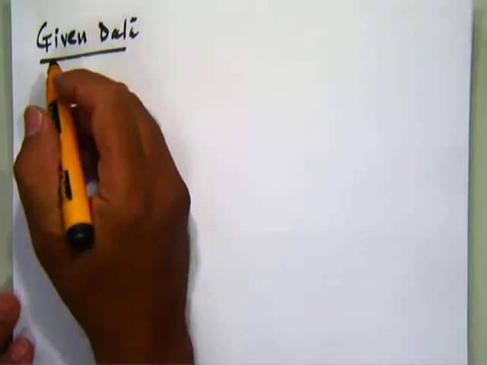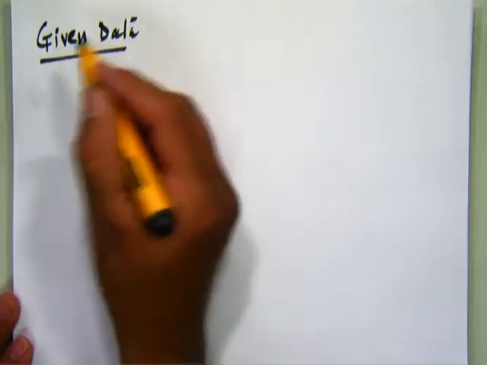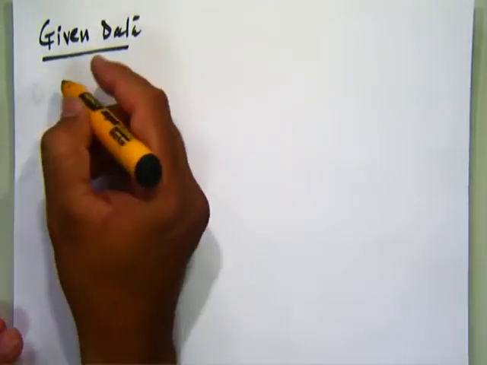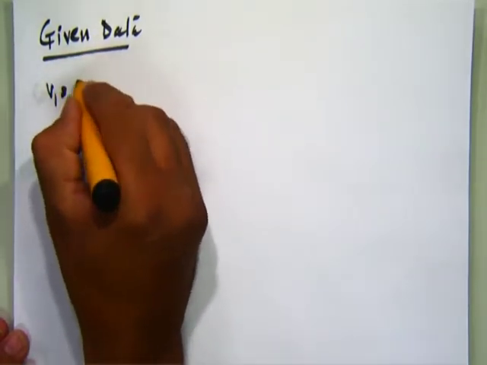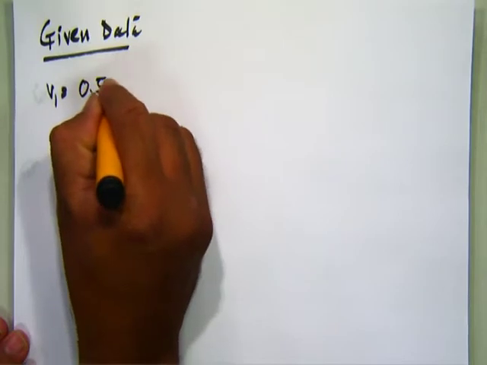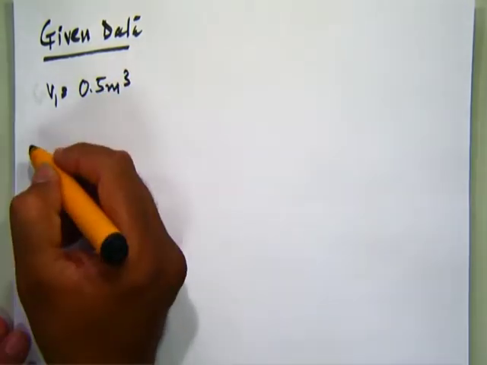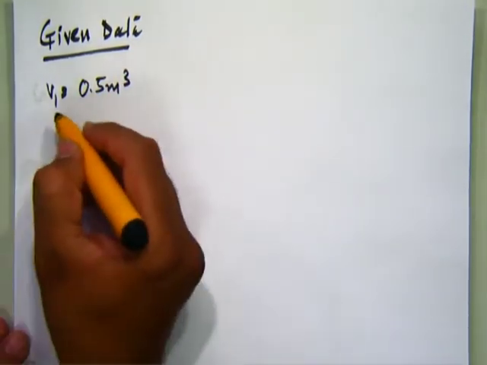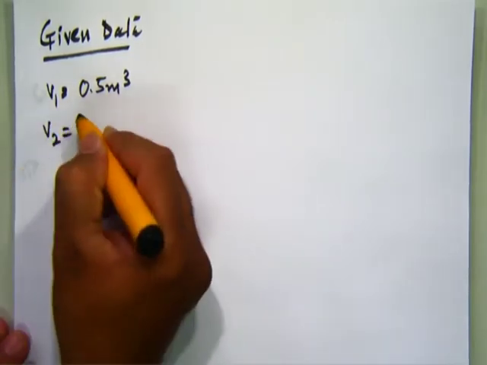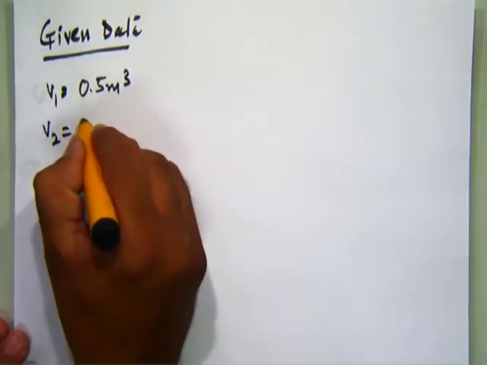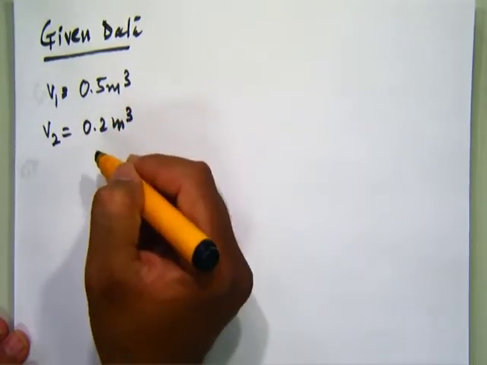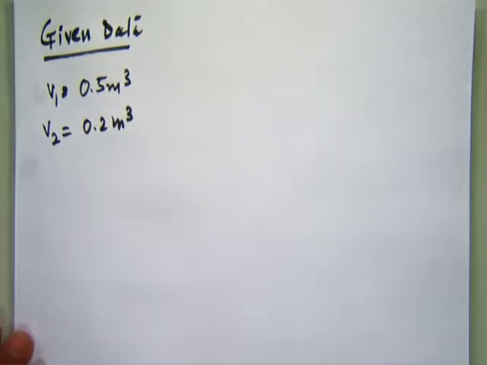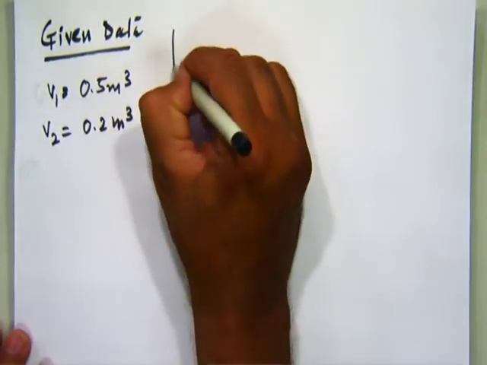Volume is given at the beginning. See, the volume is given at the beginning. V1 is 0.5 meter cube. At the end of the process, V2 is 0.2 meter cube. Compression process takes place.